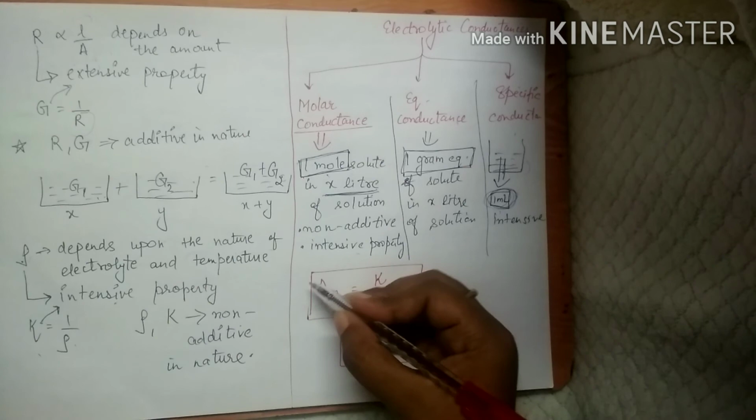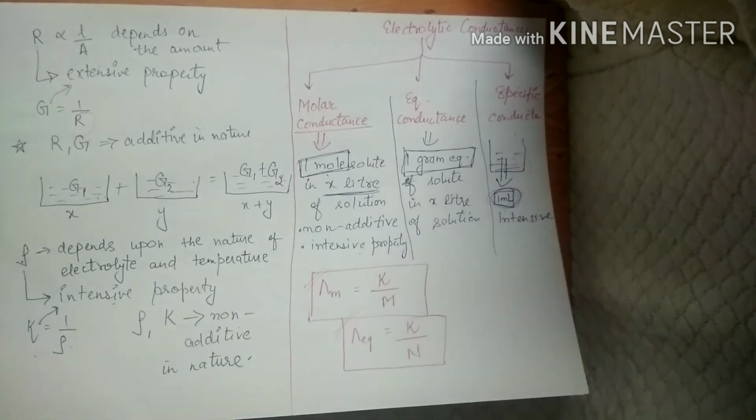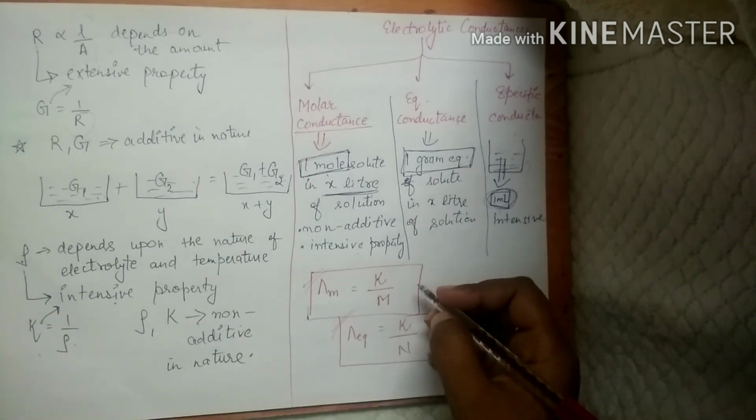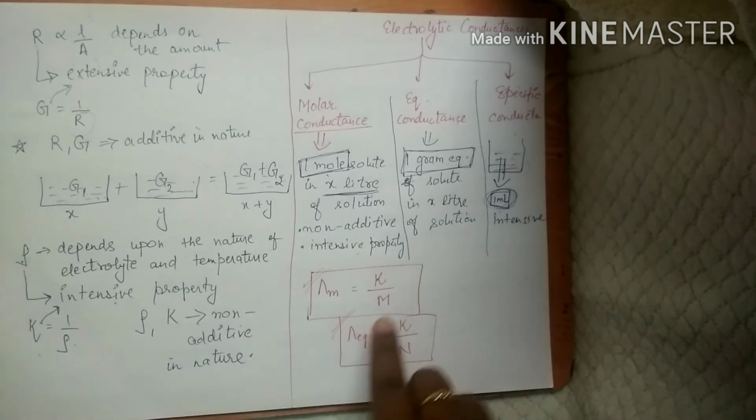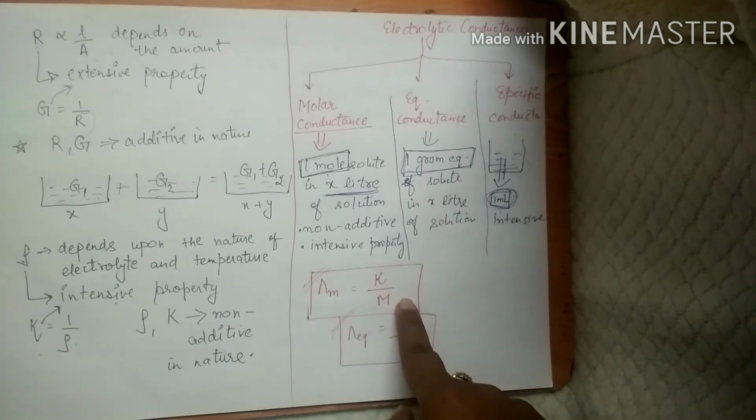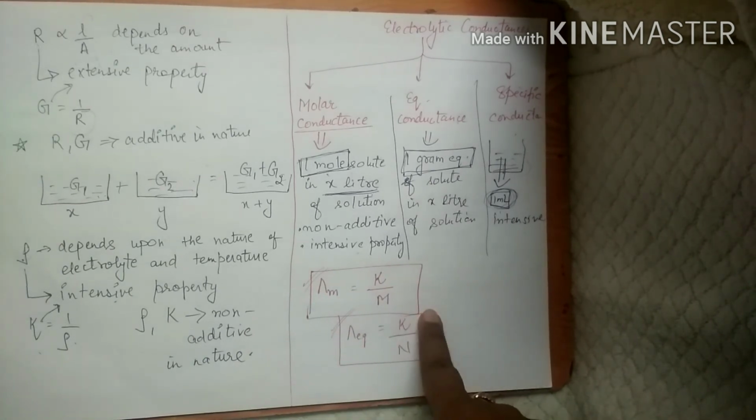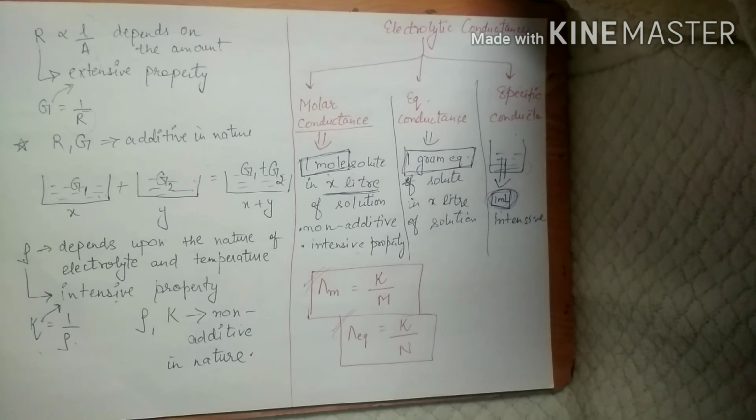Even though the formulas are very simple, we have to take care of the units. That we'll discuss when we do some of the questions. Right now you just have to remember that lambda m is equal to kappa upon M and lambda EQ is equal to kappa upon N.